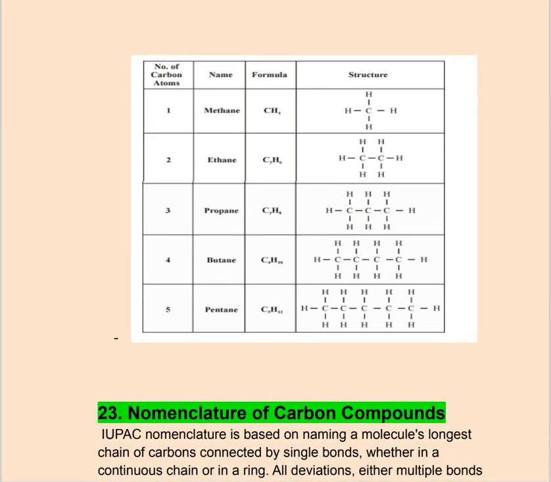If one carbon chain is there, we use meth, two we use eth, three prop, four but, and five pent. According to that, ane for single bond, and if a double bond comes, we write the suffix ene, and if a triple bond comes, we write the suffix yne. These are the formulas and structures: methane, ethane, propane, butane, and pentane. Pent means 5, but means 4, prop means 3, eth means 2 carbons, and meth means 1 carbon.